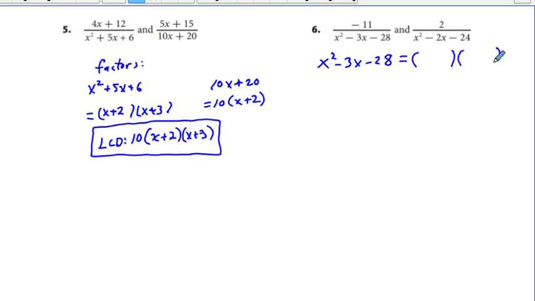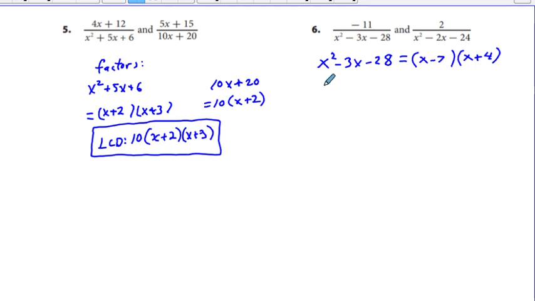We have x and x, and then two numbers that multiply together equal -28, but added together equal -3. What are your factors of 28? I'm thinking of 7 and 4. And we have minus 3x, so that means our 7 is going to have to be our bigger number, or negative. So x minus 7, x plus 4.